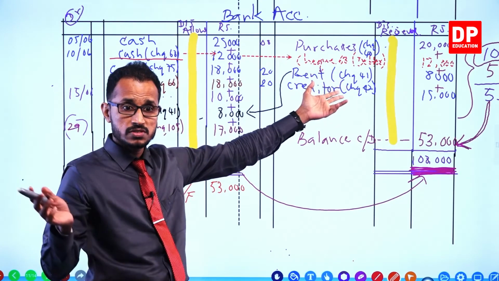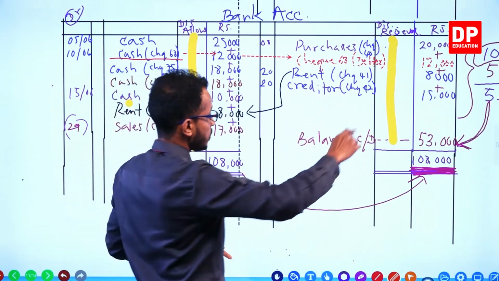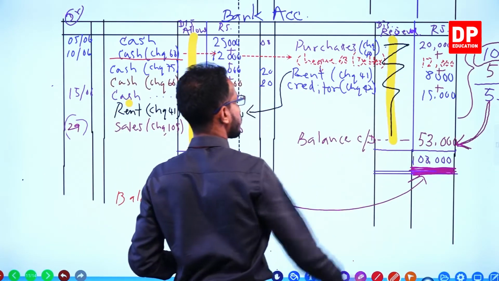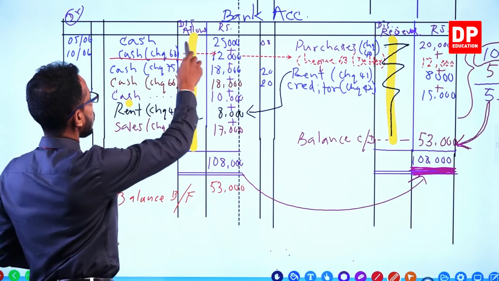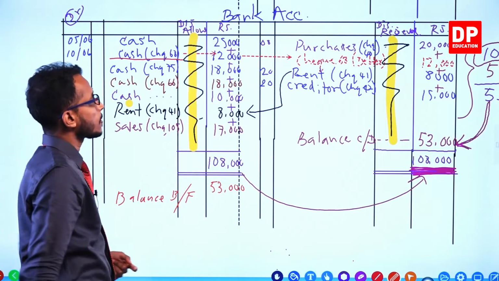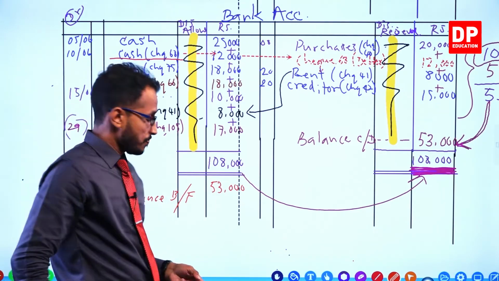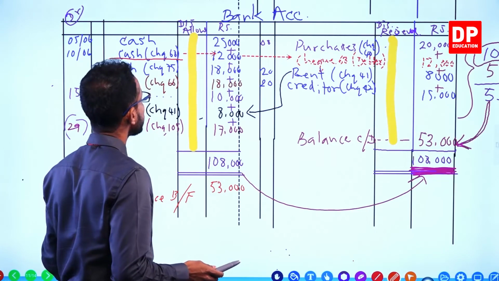No discounts. Discount column is empty. No discounts on both sides.